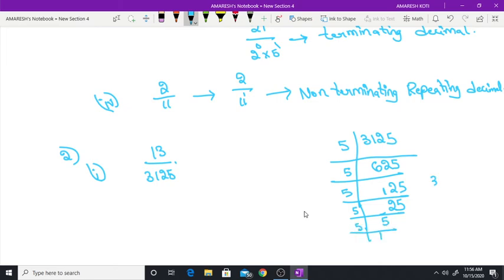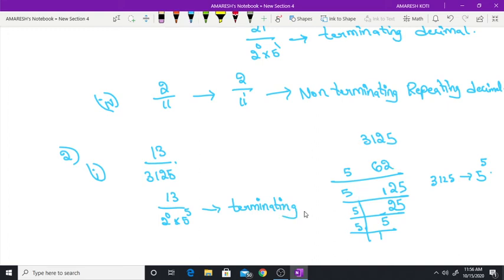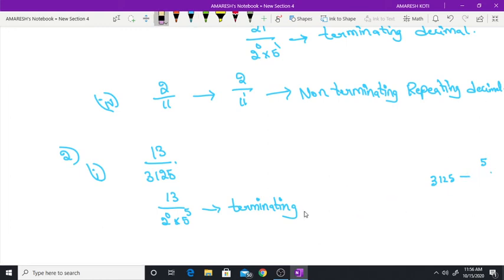As you can see, 3125 can be written as 5 power 5. So 13 by 2 power 0 into 5 power 5. So it is terminating. Simply we can say that it is terminating.